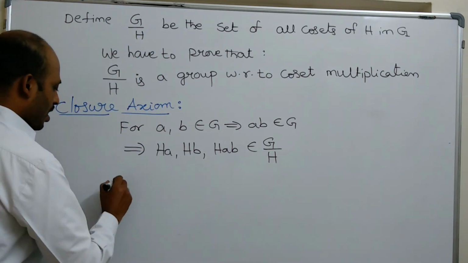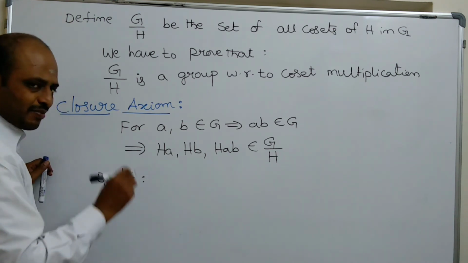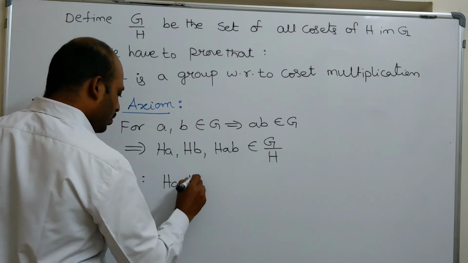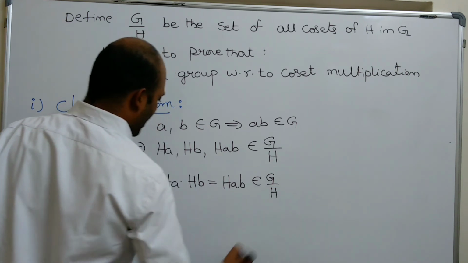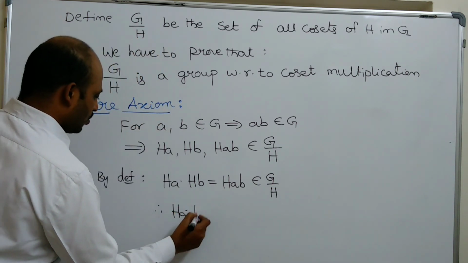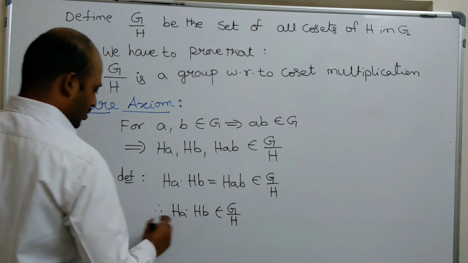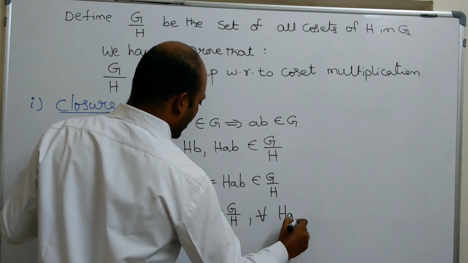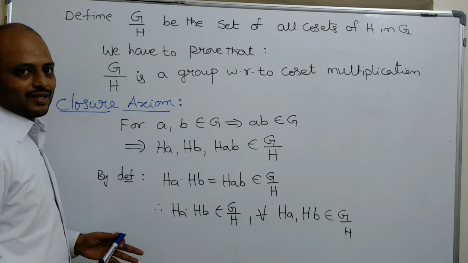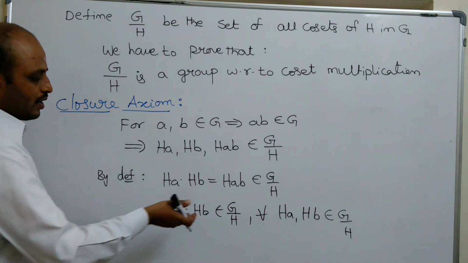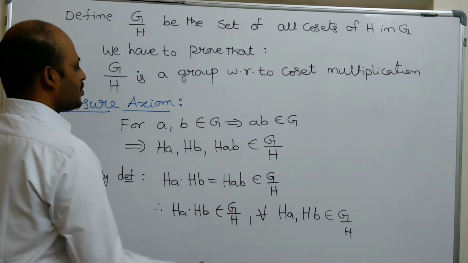And by definition of coset multiplication, HA into HB is equal to HAB, which belongs to G by H. Therefore, HA into HB belongs to G by H for all HA, HB belongs to G by H. For every two cosets, the product of cosets is again a coset.